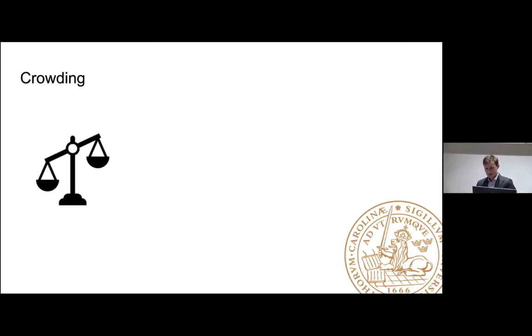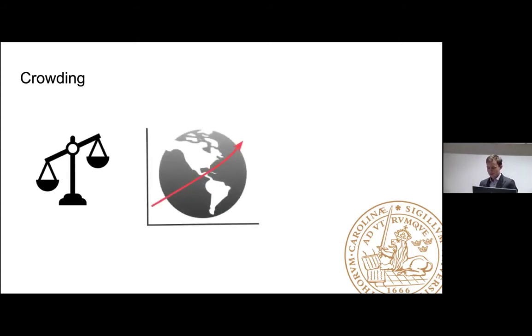And this has been a trend that's been seen around the world for the last 30 years or so. Crowding in this sense was first described in New York in the beginning of the 1990s. Then it was subsequently described in Australia, and during the last 10 to 15 years it has been quite well described in Europe as well.